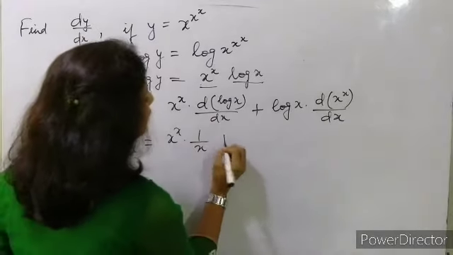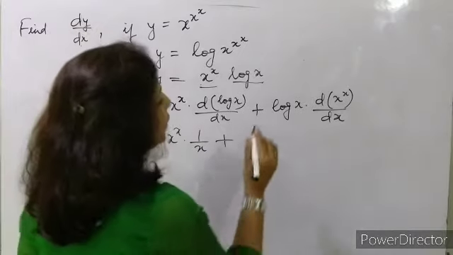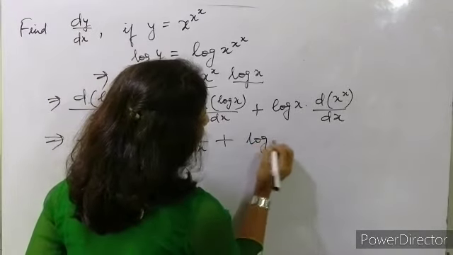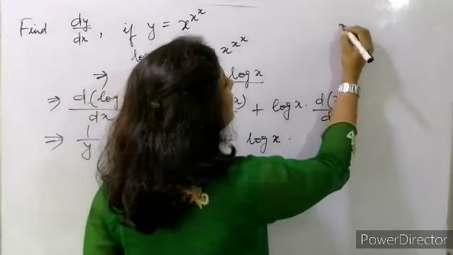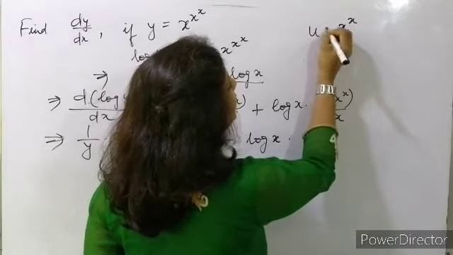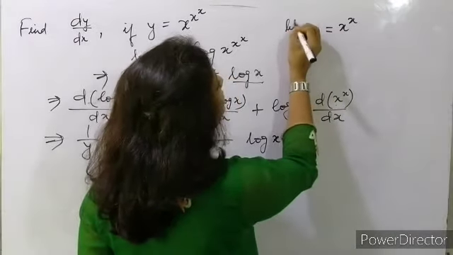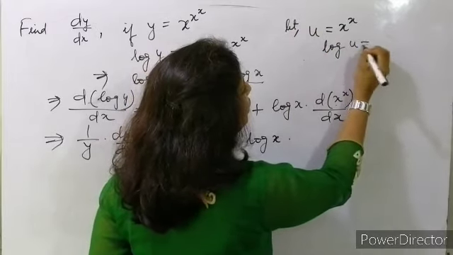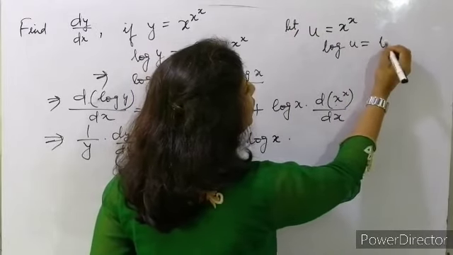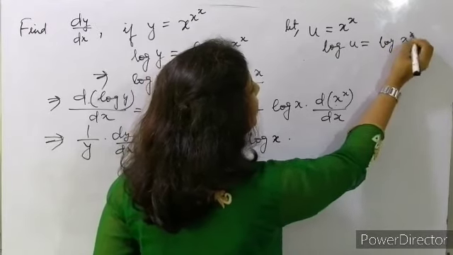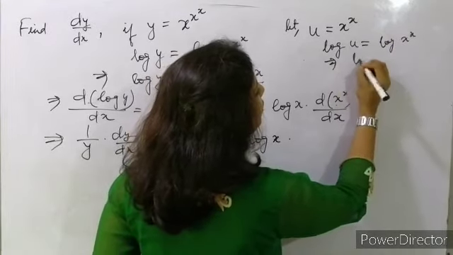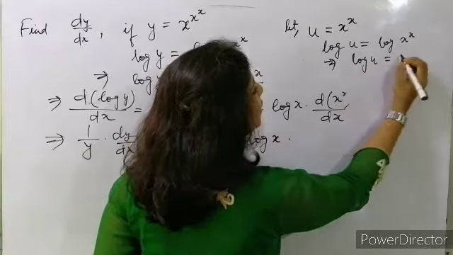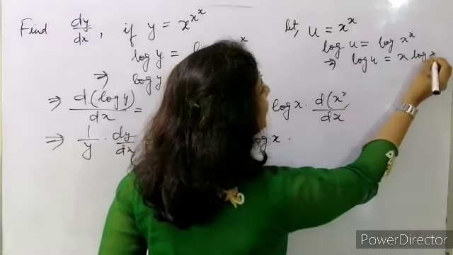Now log of x will write here and x to the power x we will take as u. Okay, now applying log both the sides, log of u will be equal to log of x to the power x. So it means log of u is equal to x log x.